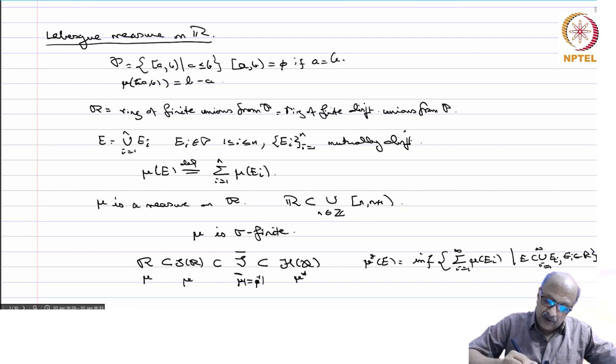Okay, and therefore you have mu bar, an extension here, and mu bar on S bar is complete.